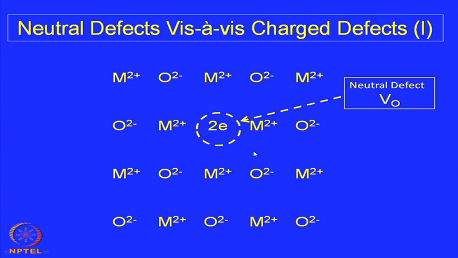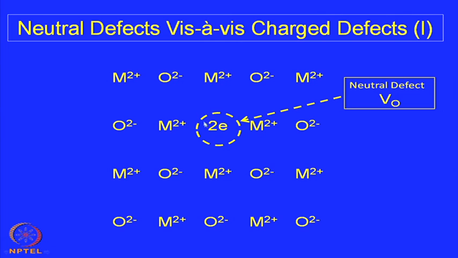What is the concept? Here we are talking about an oxygen vacancy. Once again this is the lattice, and here an oxygen was supposed to be there, and the oxygen has been removed. So it has created the oxygen vacancy, but the question is whether it is a neutral oxygen vacancy or a charged oxygen vacancy, and what is the difference so far as the charge distribution is concerned.